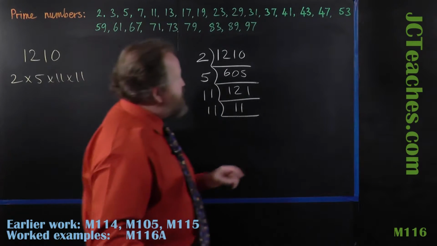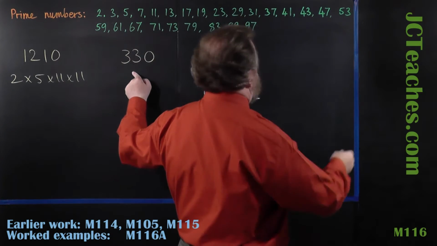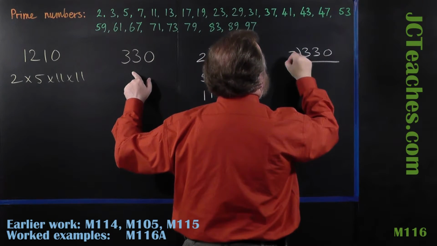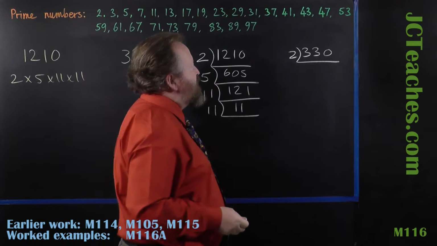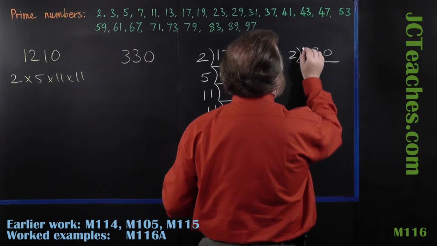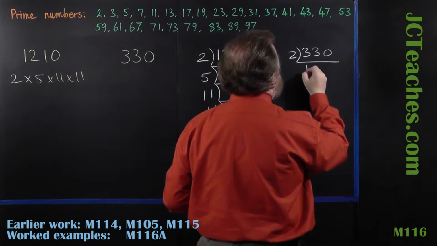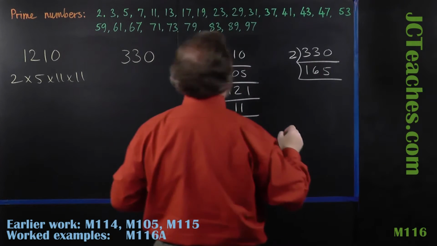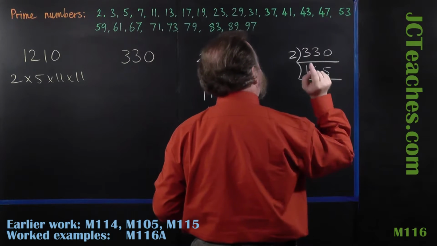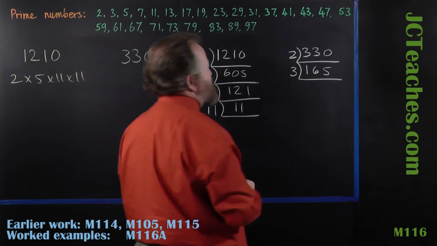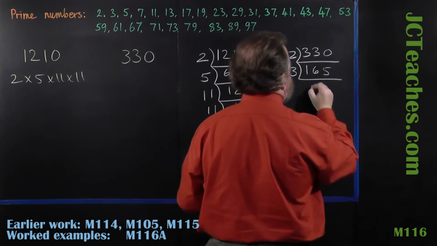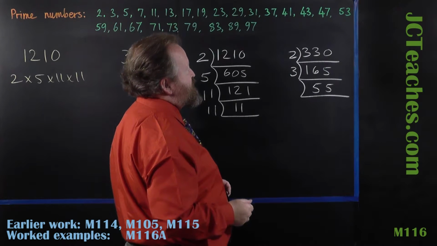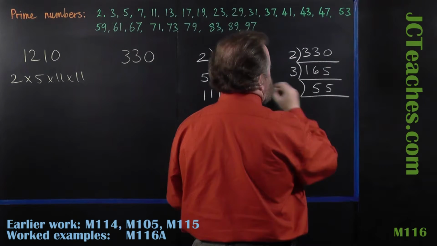Right. Now let's do the prime factors of 330. 2 clearly goes into that. 2 goes into 330, 165 times. 2 doesn't go into that. 3 goes into that 55 times. 55 is divisible by 5, but not any of the other lower ones.